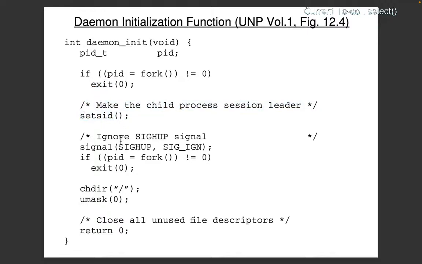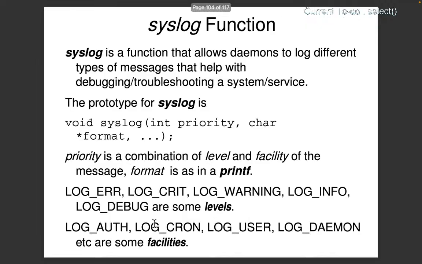Then setsid, and then ignore the hangup signal, and then double fork it again. Then chdir to slash, umask 0, close all unused file descriptors, and then return 0.